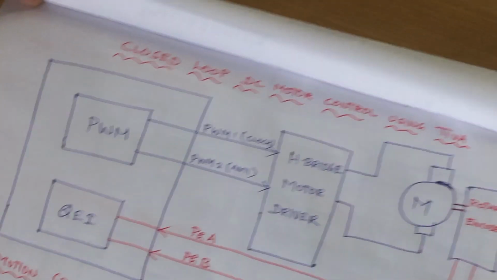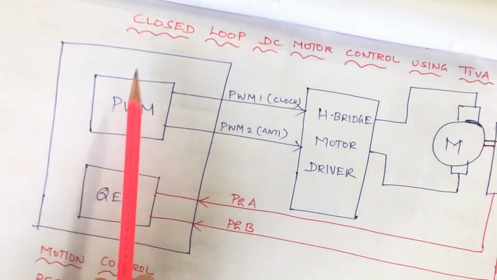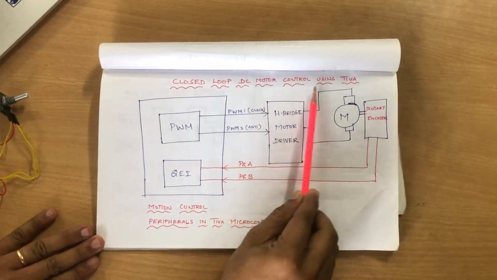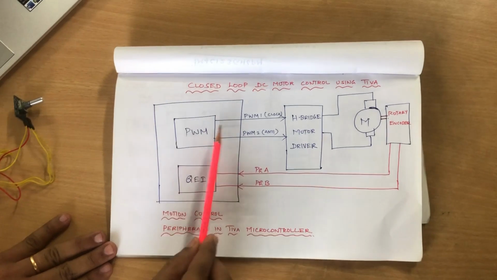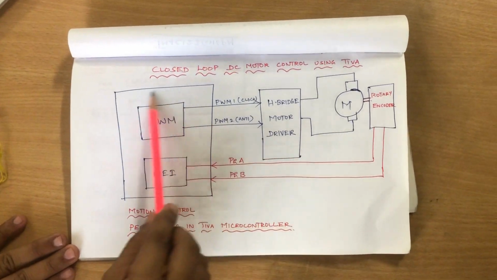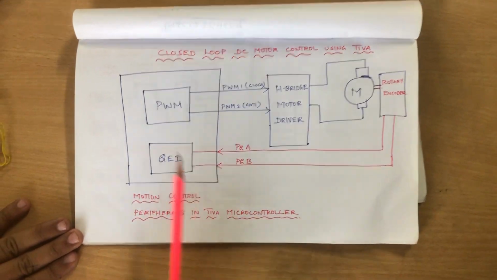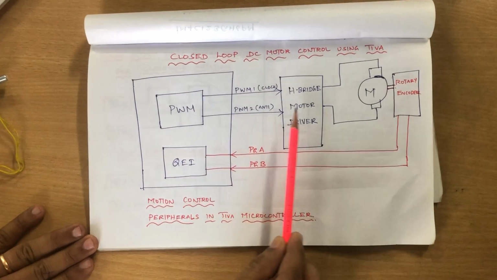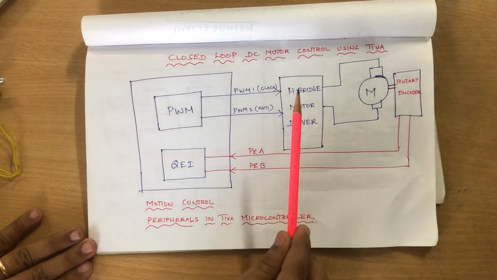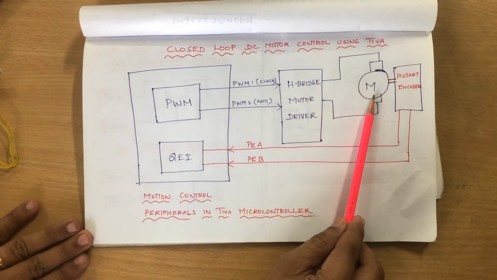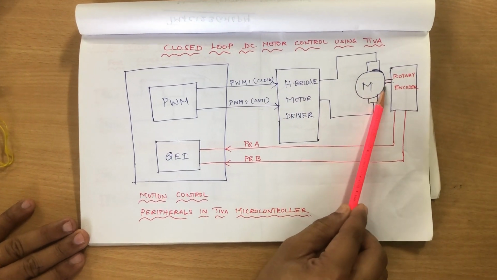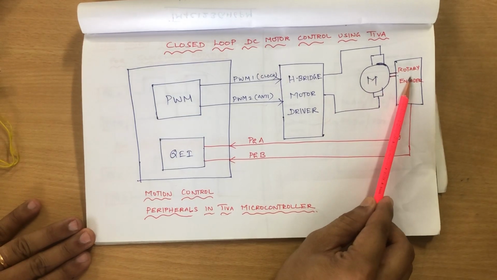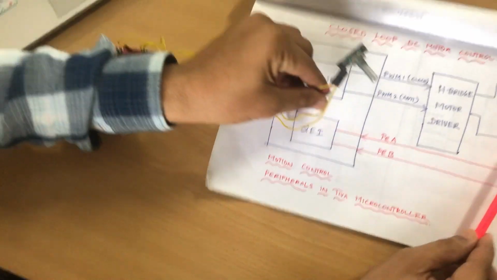When you look at this block diagram, you can see the closed loop DC motor control using the TIVA microcontroller. This is the motion control peripheral of the TIVA microcontroller, as we have just seen. The PWM output must be given to the H-bridge motor driver, and the H-bridge motor driver output is connected to the motor. On the motor shaft, we connect the rotary encoder.